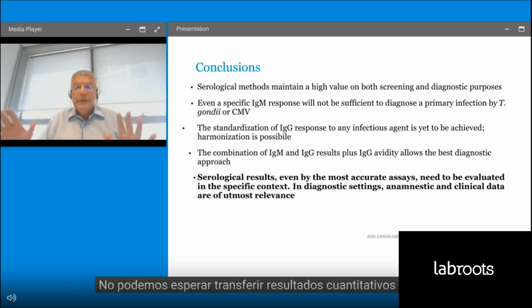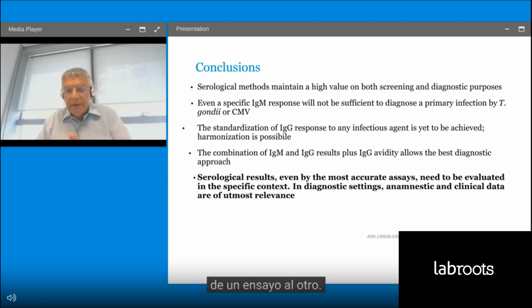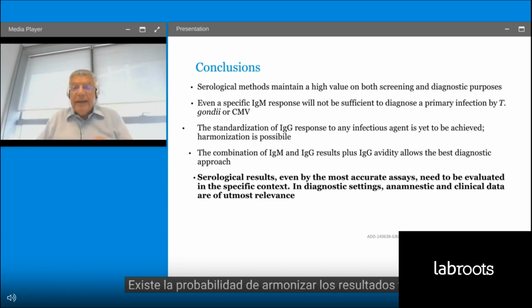We cannot expect to transfer IgG quantitative results from one assay to the other. There is a likelihood to harmonize the results to bring those to a decent level of agreement, but definitely not to convert.